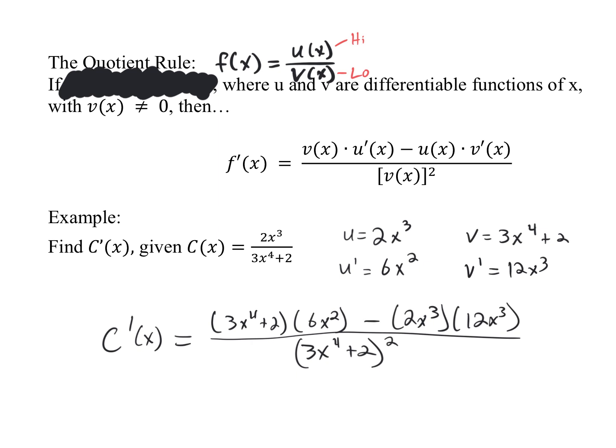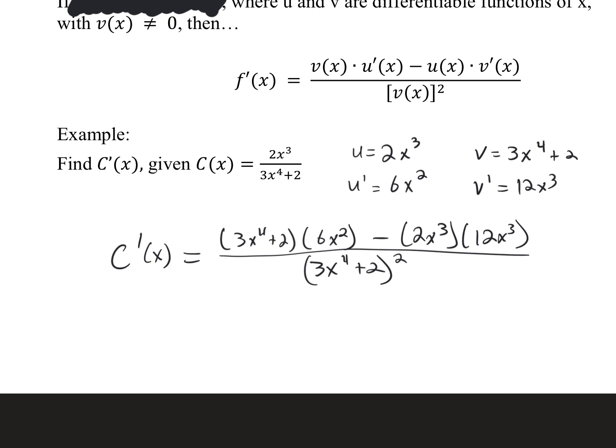We would reduce this. Let's go ahead and reduce it. They usually can't reduce very much, but you do want to distribute this into parentheses. So that would be 18x to the 6 plus 12x squared. You would also multiply these two things together, so it'd be minus 24x to the 6.